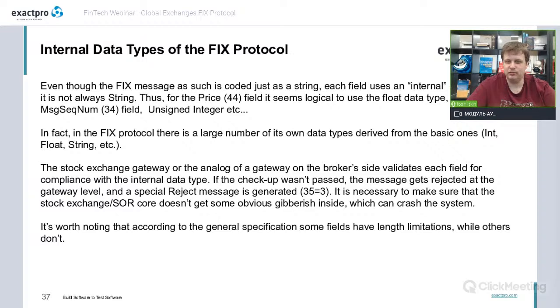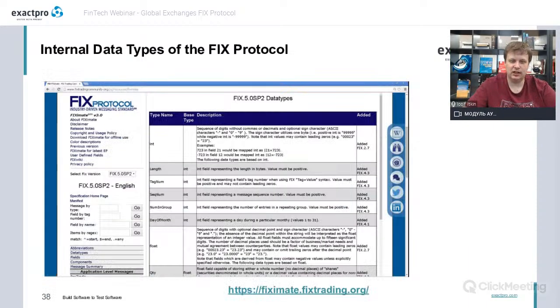Prices can be float, for example 137.36 or something like that. Account names and SenderCompIDs can be strings, etc. In some cases, there are limitations for the size of the fields and for the format of the fields. Sometimes they are clearly defined, sometimes they are not.